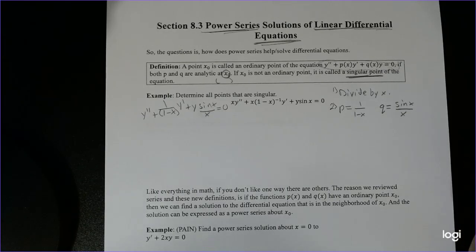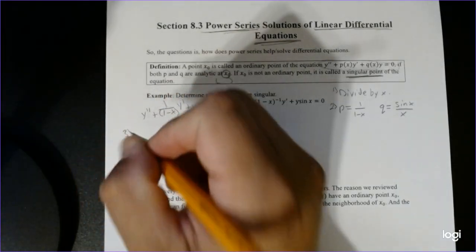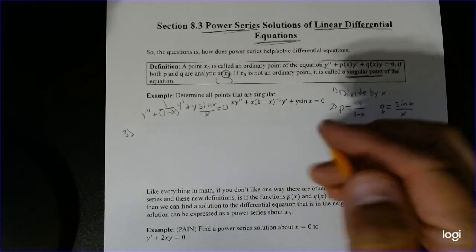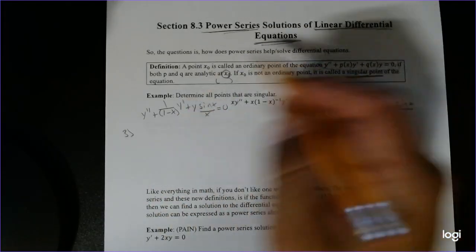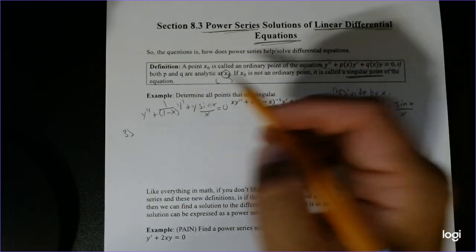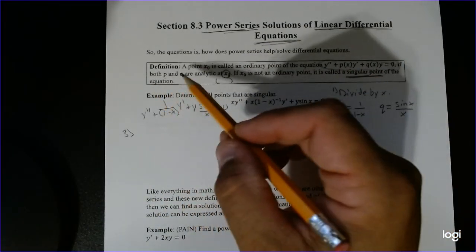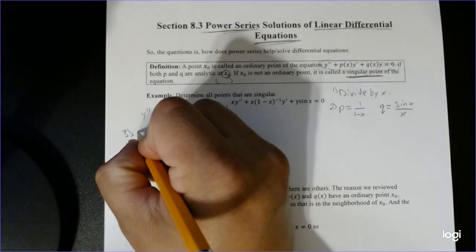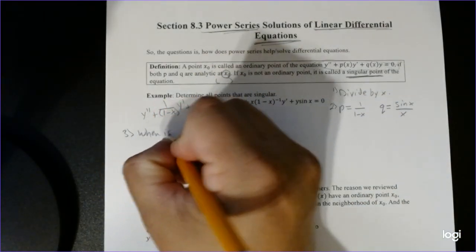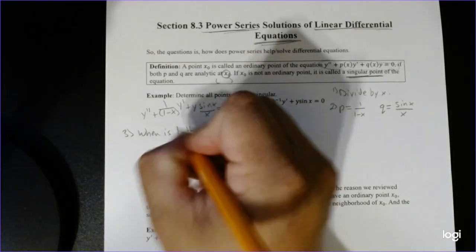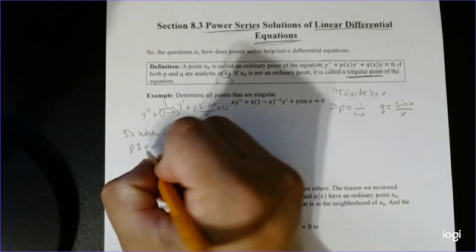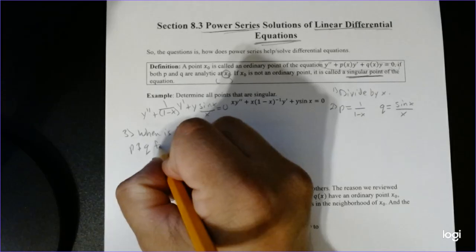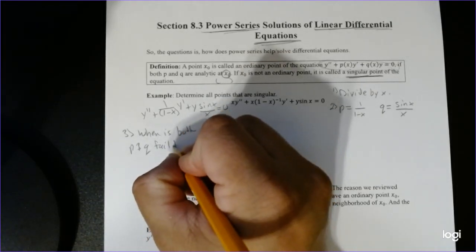Okay. Now, the third step is we want to figure out where it's singular. It's singular based off this definition. It's very vague, right? It says if both p and q are analytic at the point. So we want to see when p and q fail to be analytic.